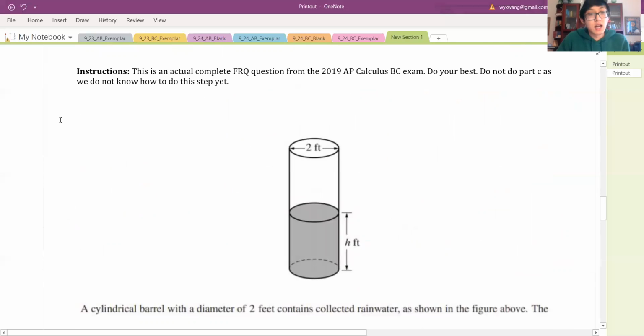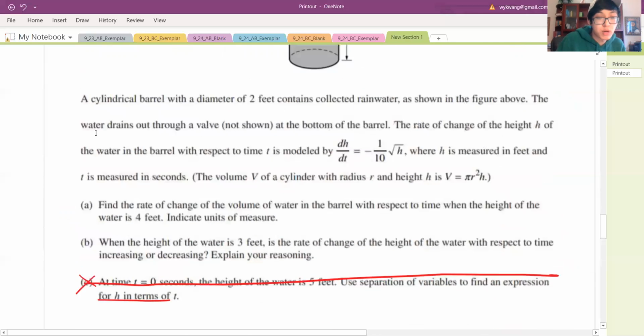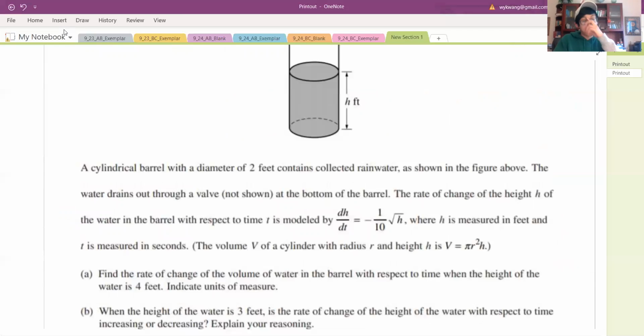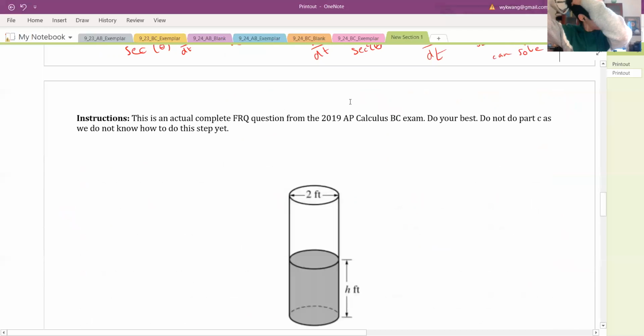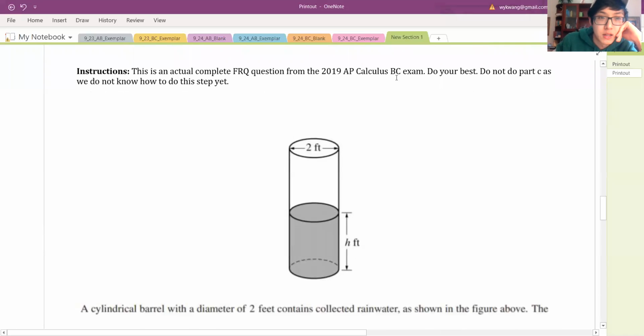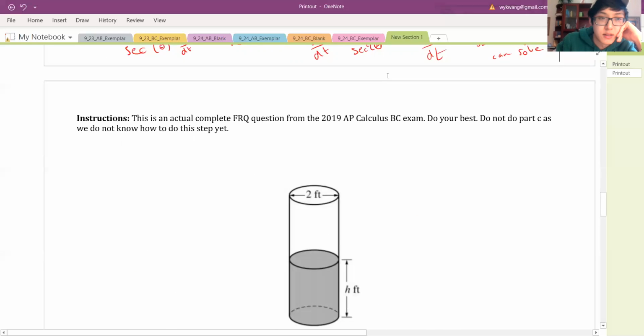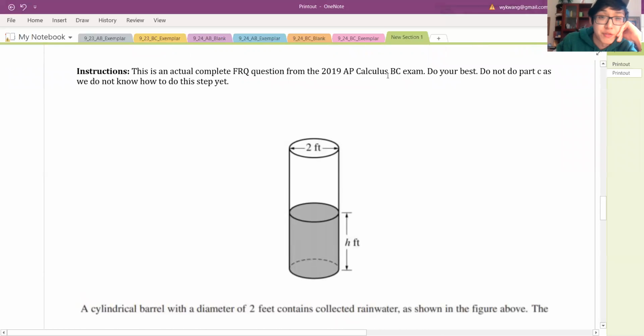Okay, let's do this problem. This is an actual problem from the 2019 BC exam.